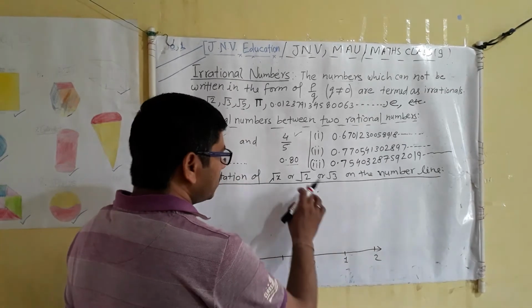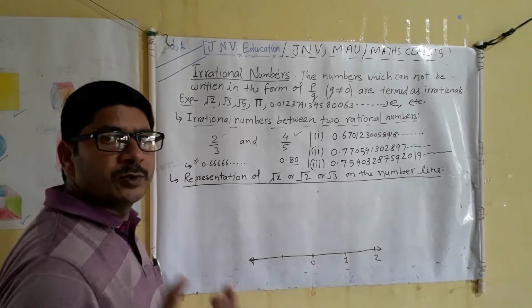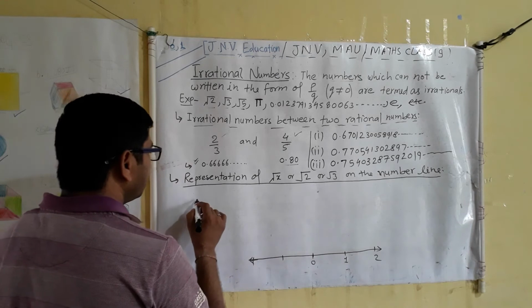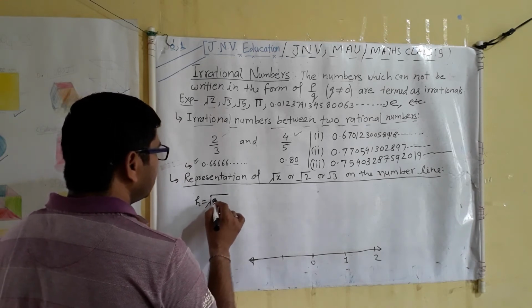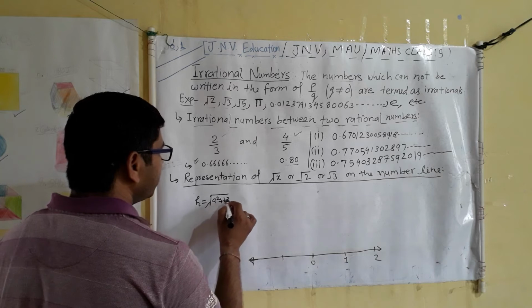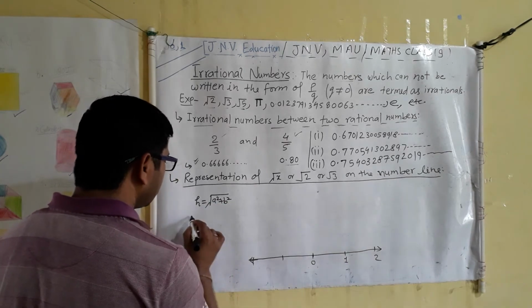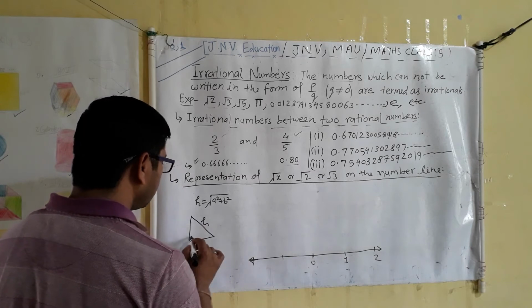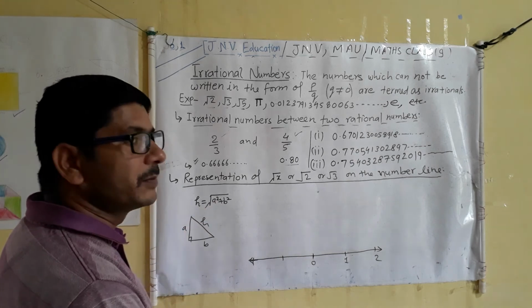To represent square root 2, you should keep in mind the Pythagoras property. H is equal to square root of a square plus b square. If your right angle triangle is like this, with hypotenuse, a and b, then the hypotenuse is the square root of a square plus b square.